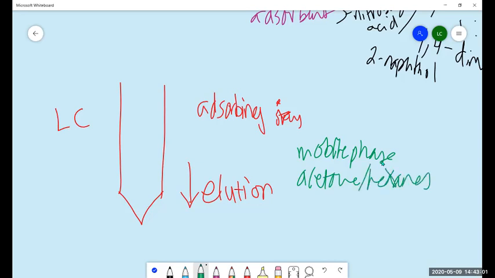And let's say we had the best mixture composition be like 45, 55 acetone hexanes.